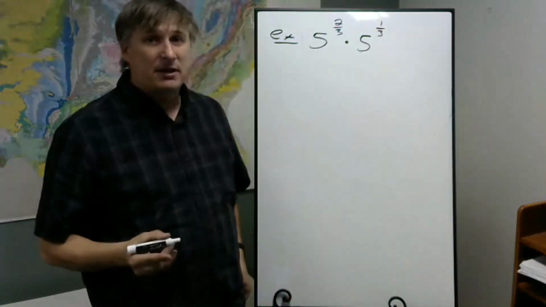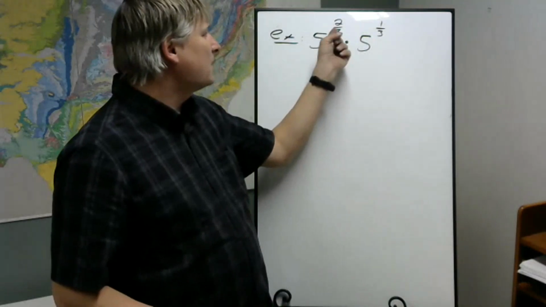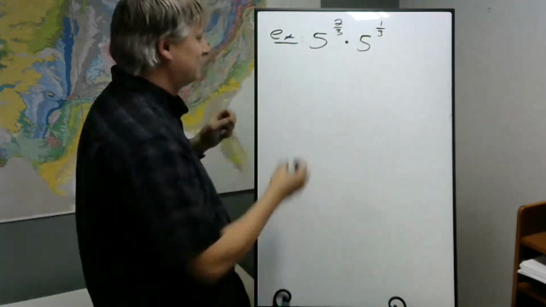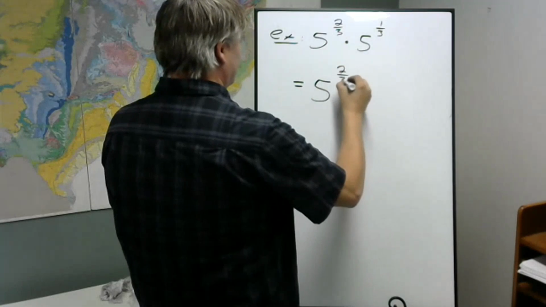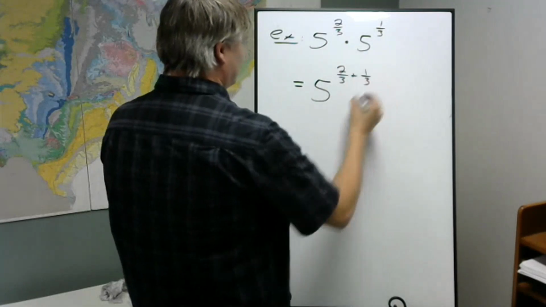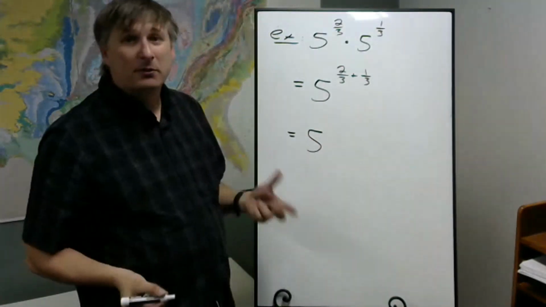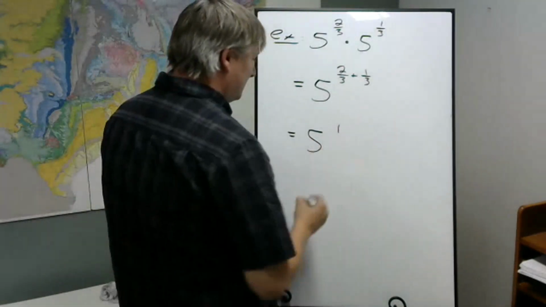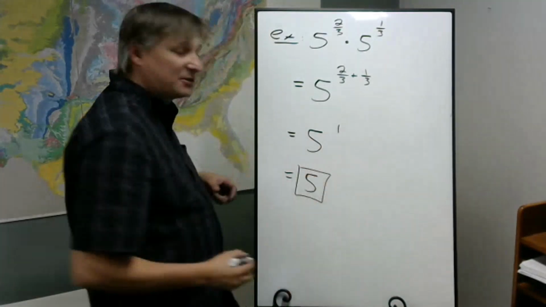Now again, these have the same base. So we're going to use the sum of the exponents. Well, 2/3 plus 1/3 is 1. And that's just written conventionally as plain 5.